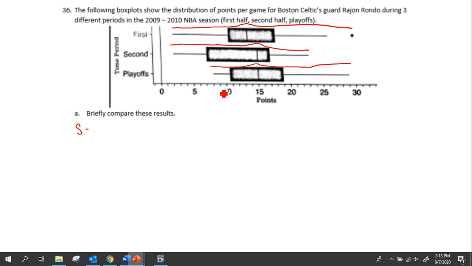The first one you could say roughly symmetric or slightly skewed right if you include the outlier. I'm going to say roughly symmetric. Second is skewed left. And playoffs are skewed right.